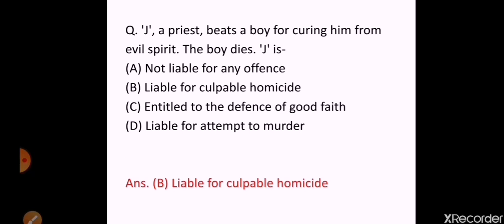So here culpable homicide has been defined very clearly, and here he beats the boy. Although he is curing from evil spirit, he knows that if he beats, the consequences may come in adverse effect also. So this was asked in the UPPCSJ in 2003.